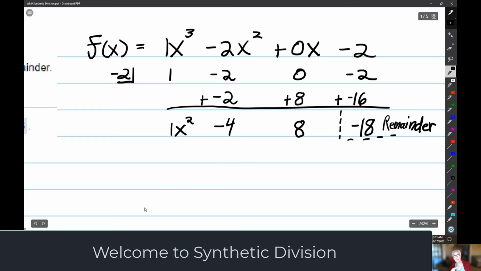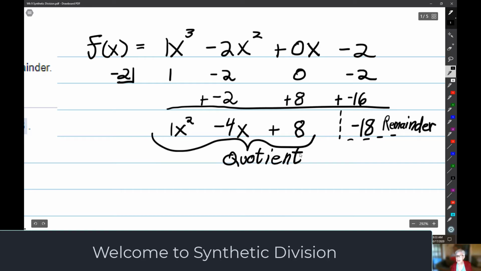And then your powers go downhill automatically. If this is x squared, then this is x, and this is your constant term, which is positive, so I put a plus in front of it. Now this is the quotient. And this is the remainder.